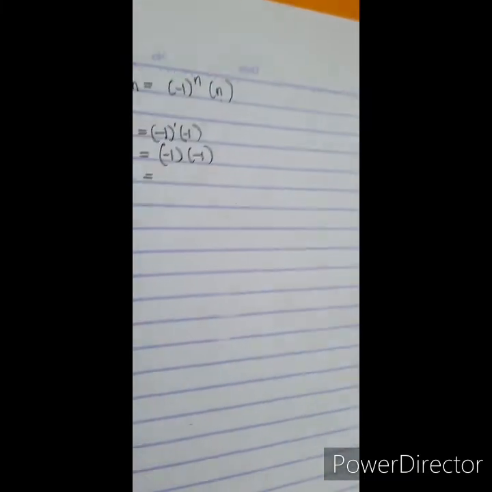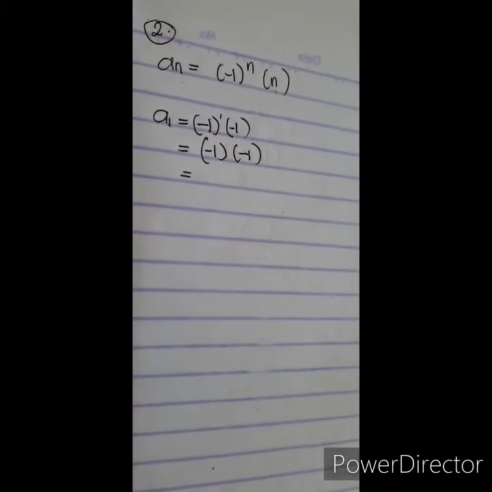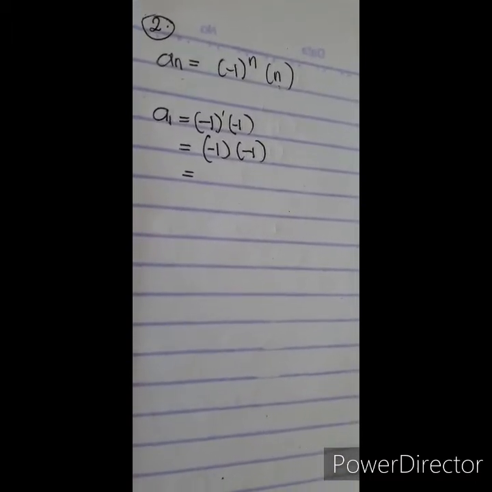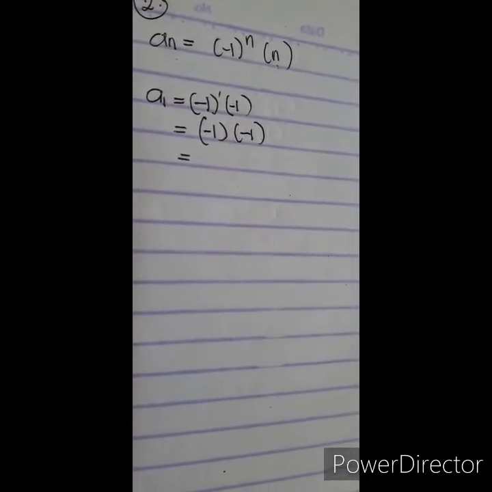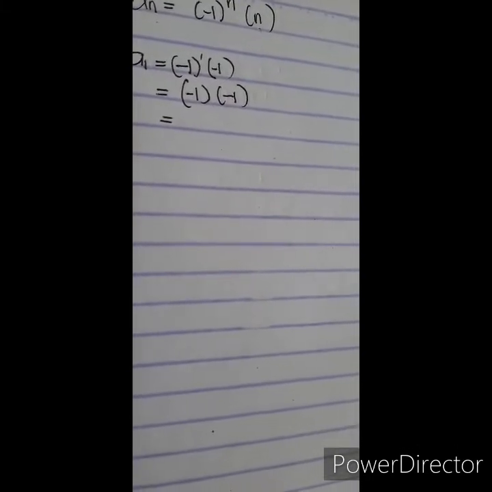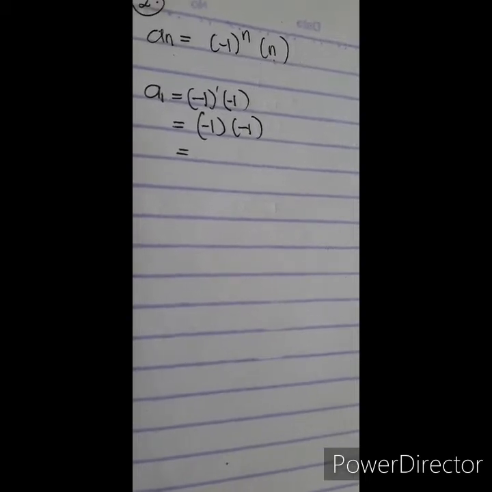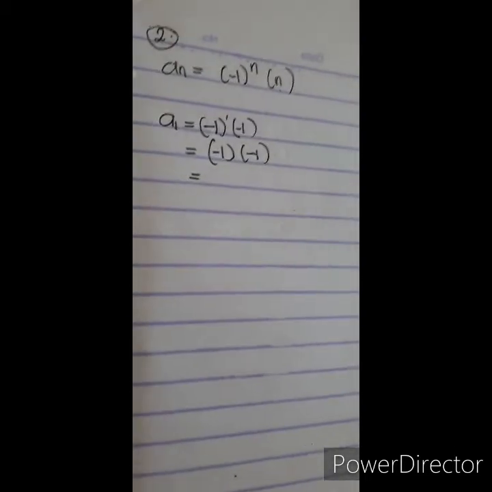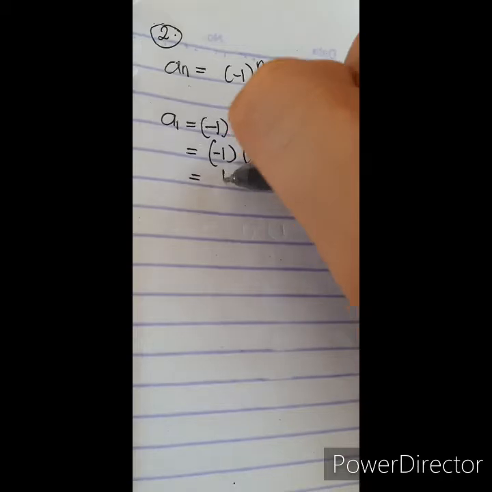So the answer in multiplication, take note, if we have like signs, the answer is always positive. However, if we have unlike signs, the answer will be negative. Very good. So we have here positive 1 for a sub 1 or the first term.